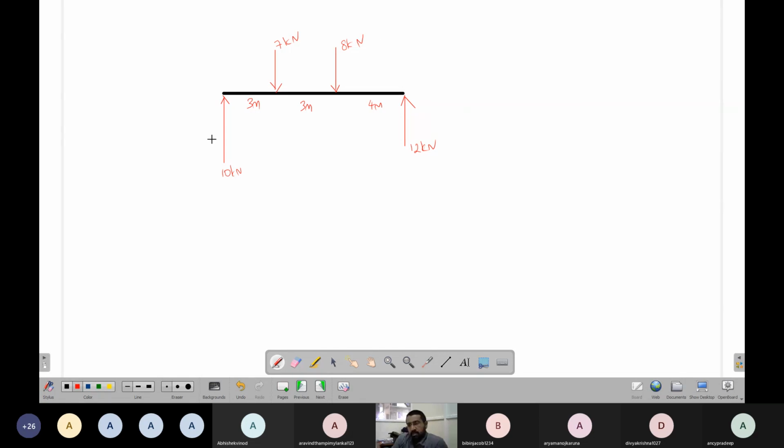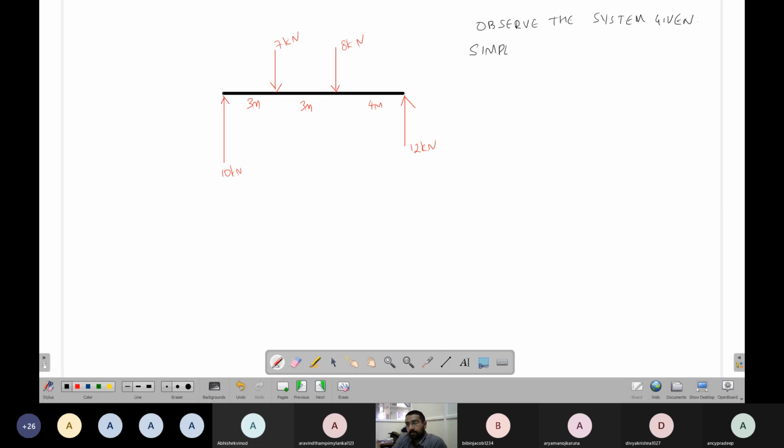Now the question is, convert all these forces into an equivalent force, or observe the system given.